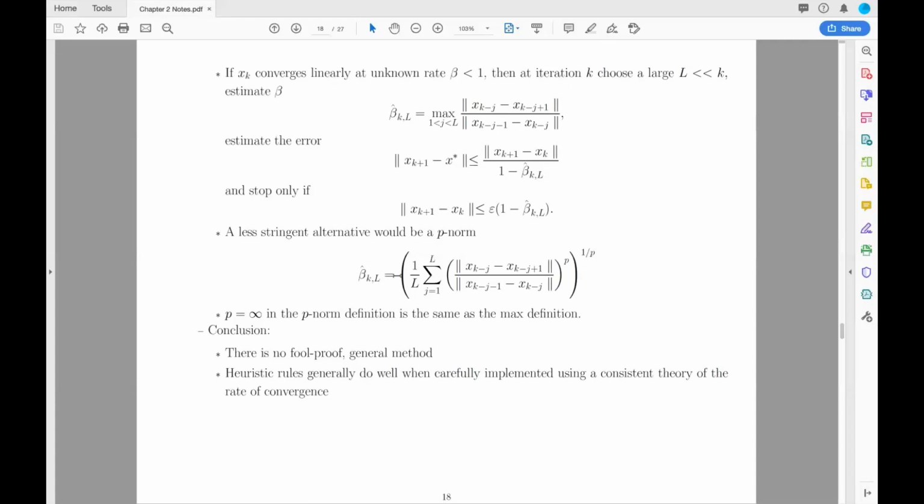Uli Doraszelski and I had a paper come out, I forget where, maybe QE probably, where we showed that in dynamic games, people think, well, each firm is solving a dynamic programming problem, so you can apply the same kind of contraction mapping logic to it. Well, you can't. A game is something very different than optimization.